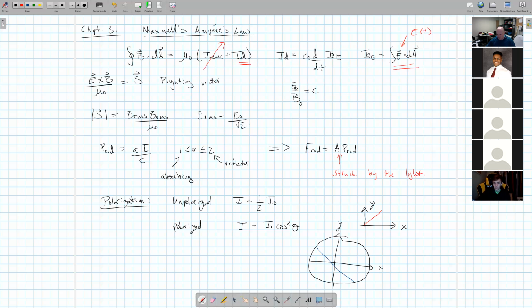Then if I superimpose these two things on top of each other, the angle between the two would be this total angle here. So this is the angle specifically between the original axis of polarization and the axis of the polarizer. This is what's called Malus's law.